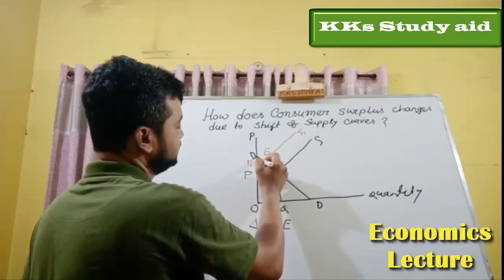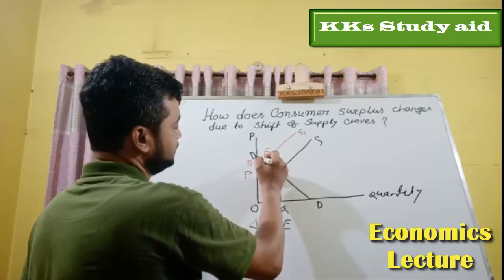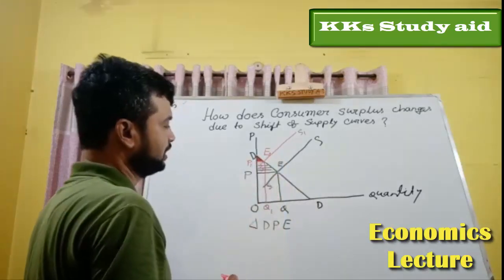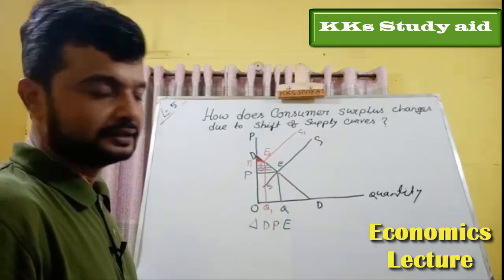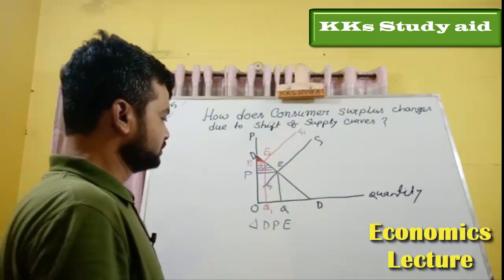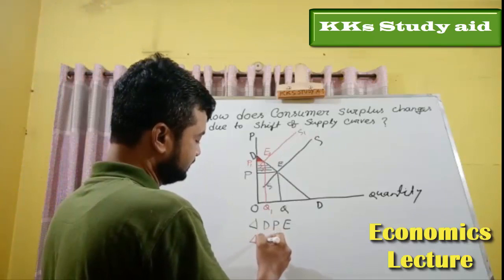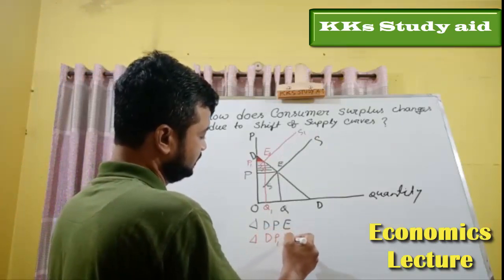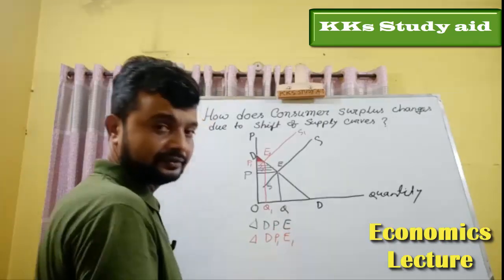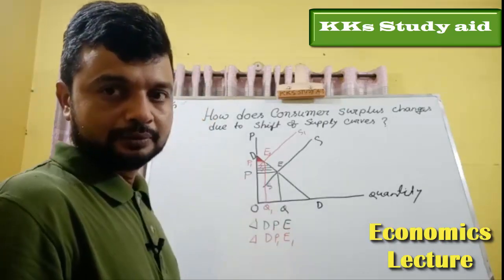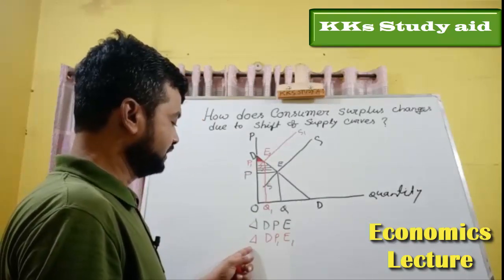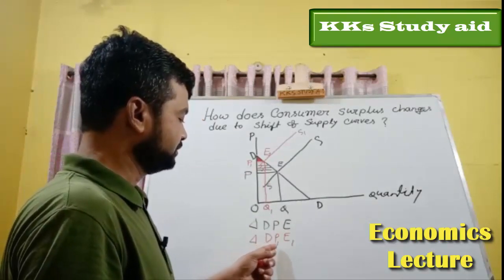The area is here. This is the consumer surplus when price increases to P1. So the triangular area is here, D P1 E1. When price rises, the consumer surplus will decrease and it will come to the area of triangle DP1E1.